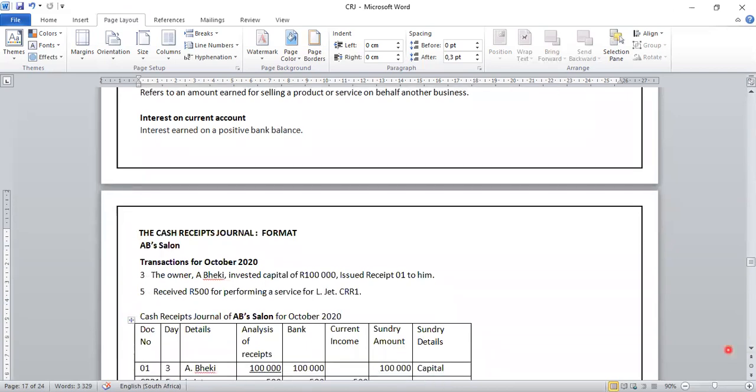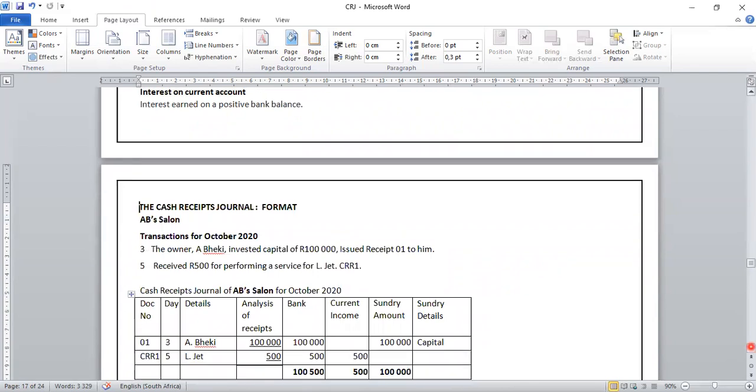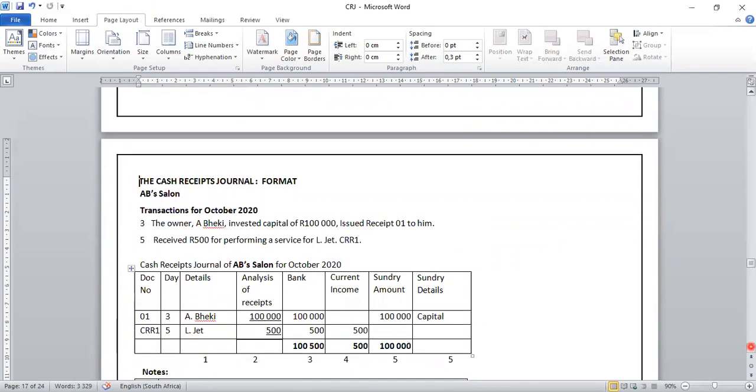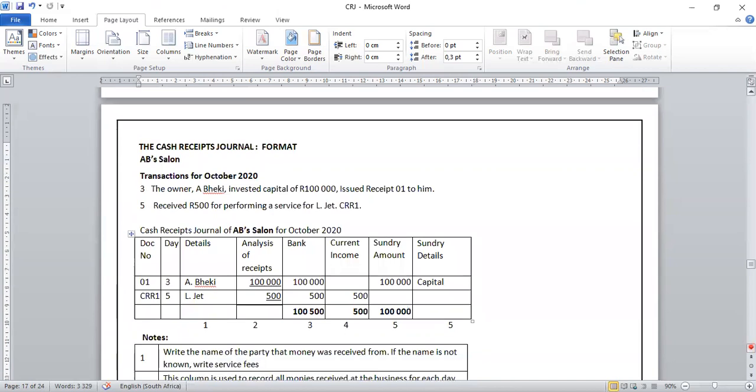And let us look closely at our cash receipt journal format. On this format, we have a document column, a day column, details column, analysis of receipts column, bank column, current income column, sundry amount, and sundry details column.